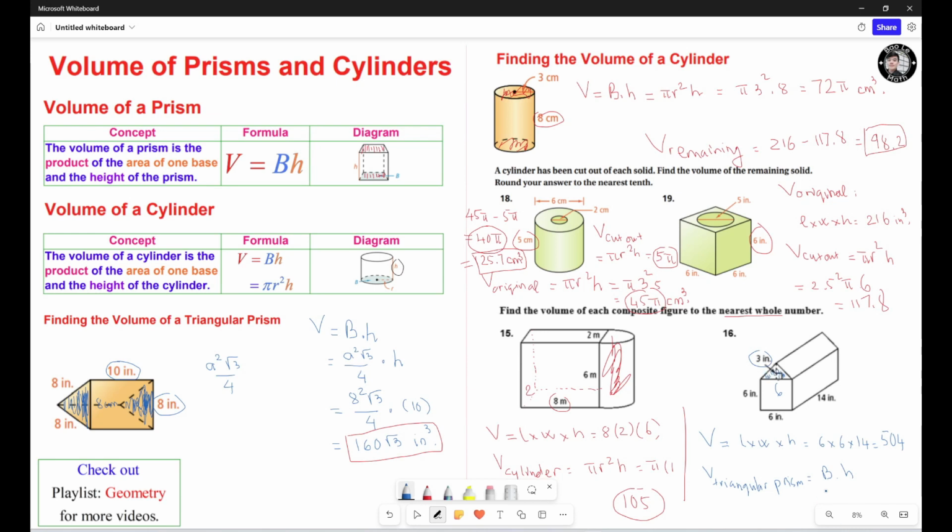So B right here equals 6 times 3 divided by 2. Let me write over. 6 times 3 divided by 2 times height. The height right here equals 14. The height is the distance between two bases. So it's going to be times 14.